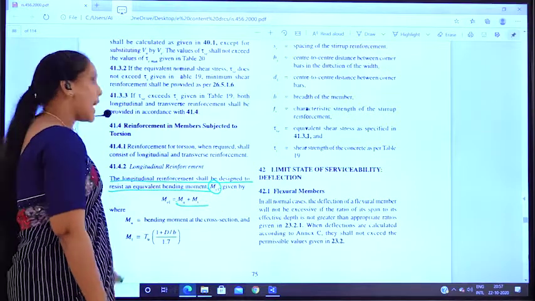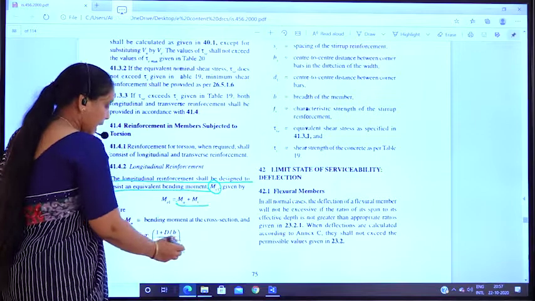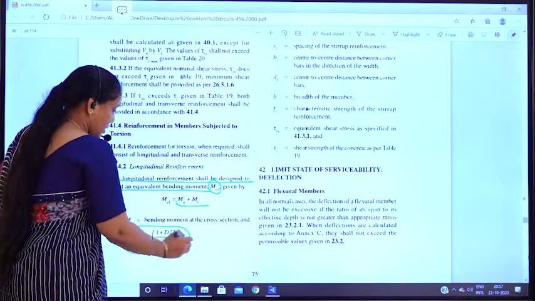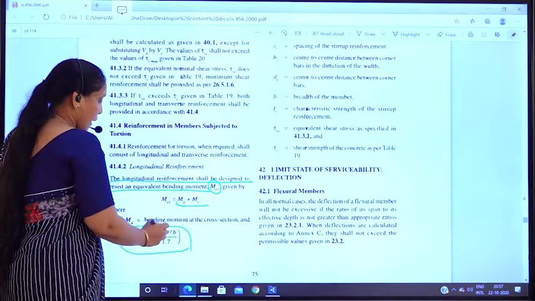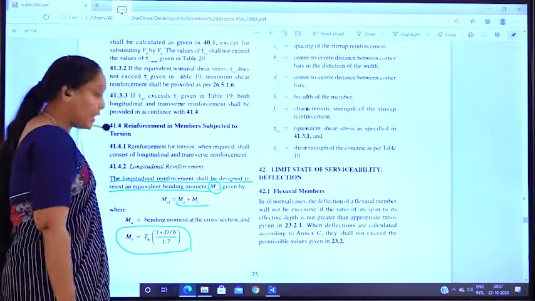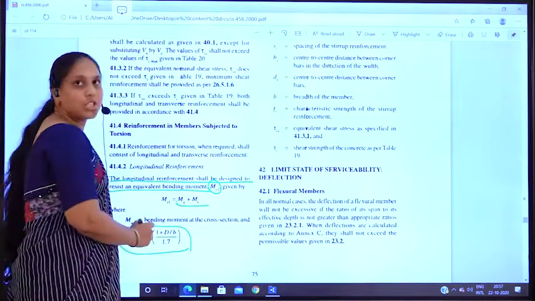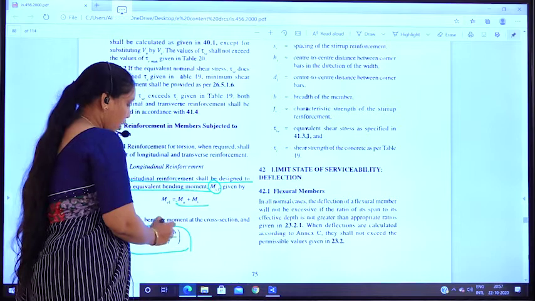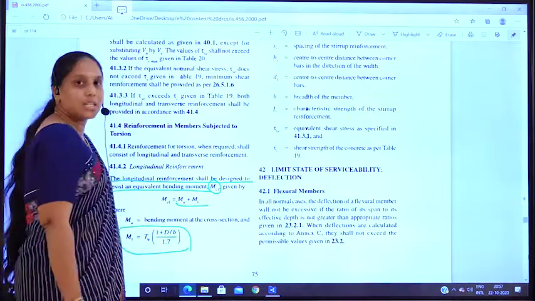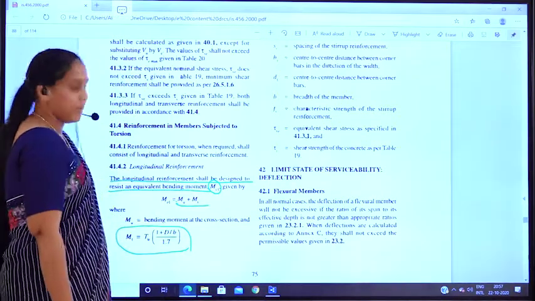How do we calculate this MT? MT is calculated by using this equation: TU into 1 plus D by B divided by 1.7. Here TU is the torsional moment, D is the overall depth of the beam, and B is the breadth of the beam.